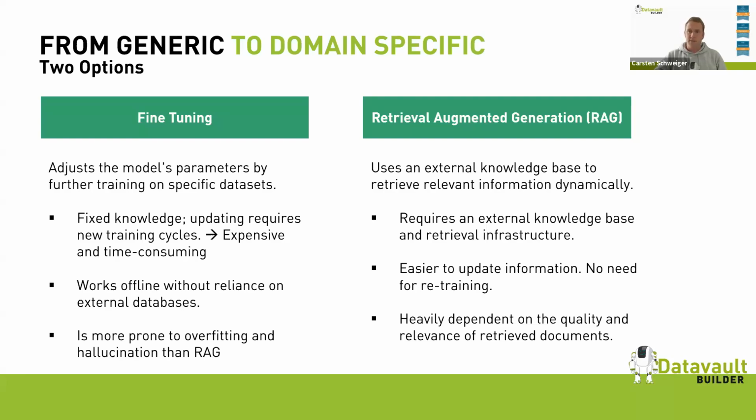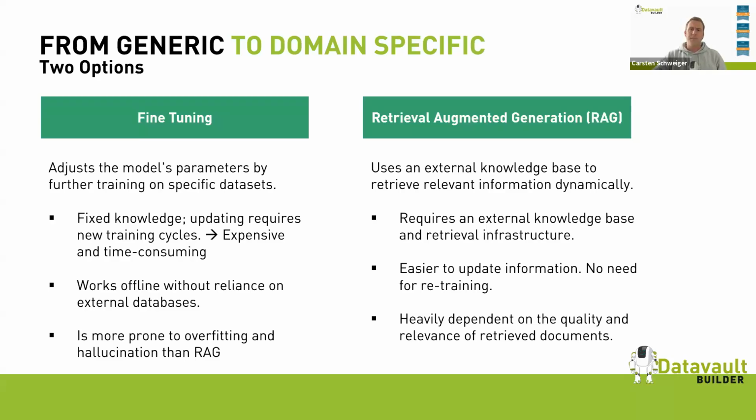And so it's much easier to update your data if your information changes. And this was a very important point for us, because Data Vault Builder always has new features, and we need to update our product information. Otherwise, it's getting outdated very early. So this is very important for us.